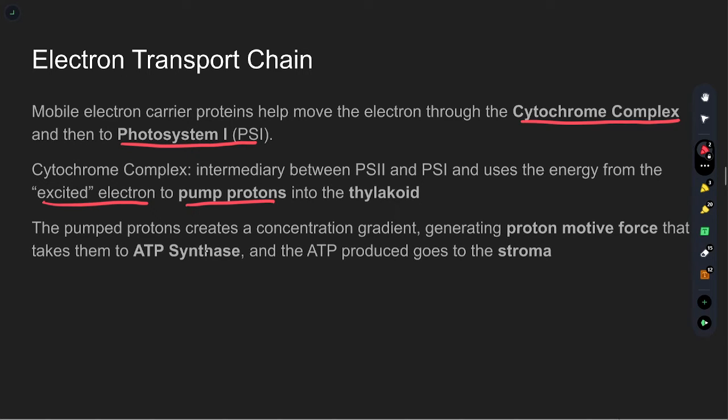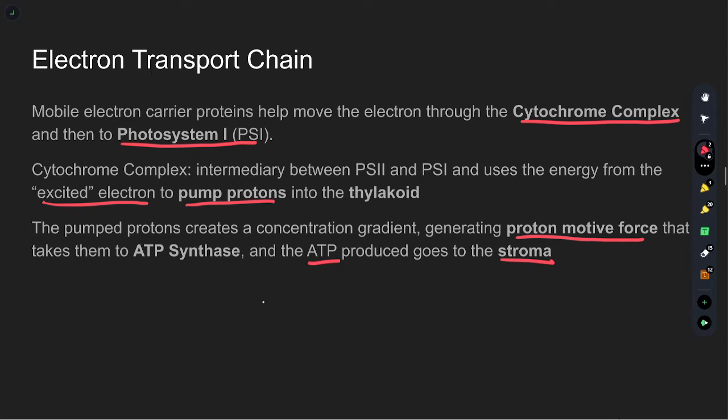And this creates a concentration gradient, right? It leads to proton motive force. We also have an ATP synthase in photosynthesis that uses proton motive force to make ATP, and this ATP goes to the stroma.